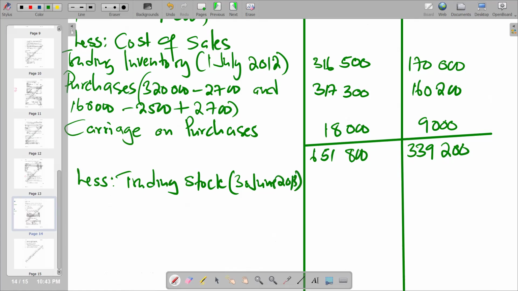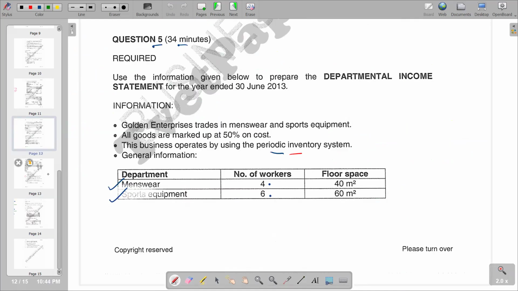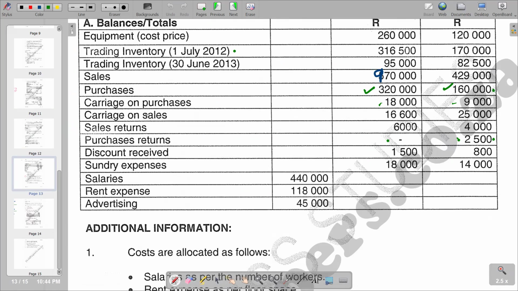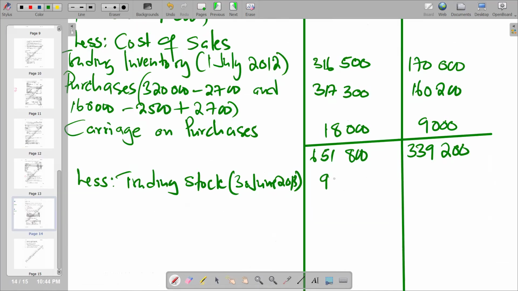So basically, we pick the figures that we are given as our closing stock, whereby we have 95,000 and 82,500. And remember, we are saying less, so we are subtracting.